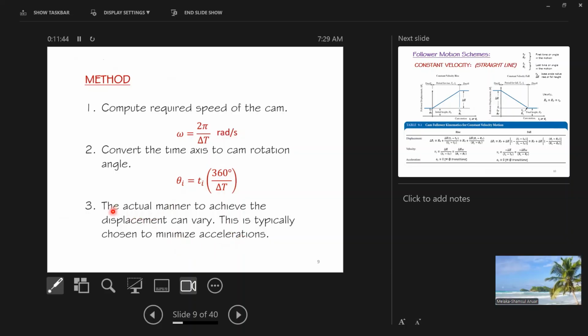And then there'll be the actual manner to achieve the displacement. Okay, so yeah.